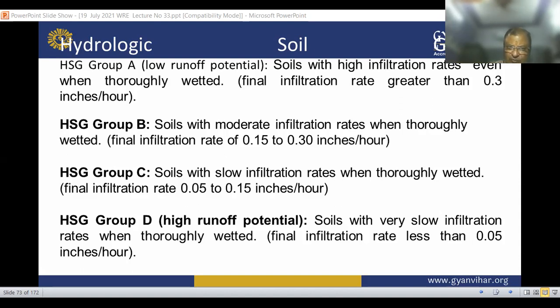And group D: high runoff potential, soil with very slow infiltration rate when thoroughly wetted, final infiltration rate less than 0.05 inch per hour.